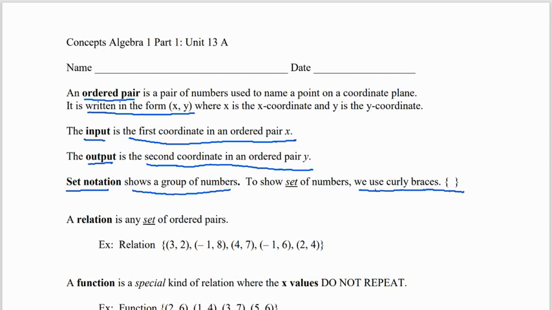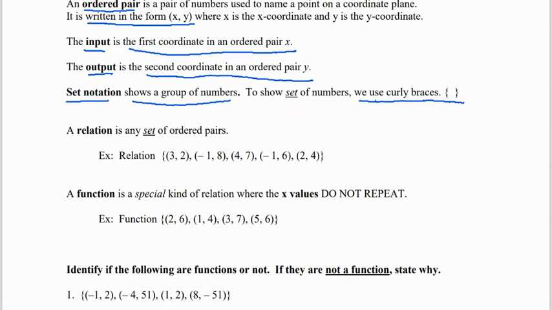An ordered pair is two numbers in parentheses, but set notation is a bunch of numbers in those braces. Any questions so far?